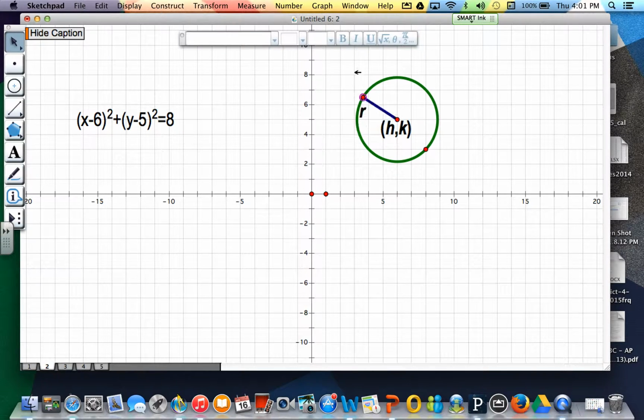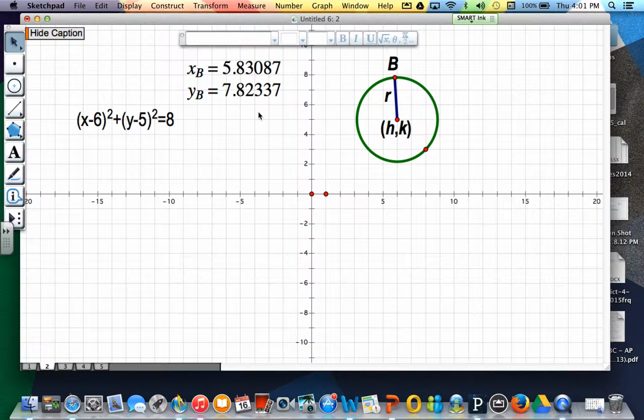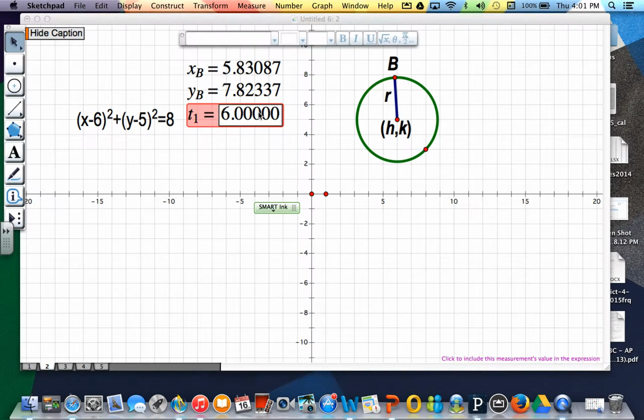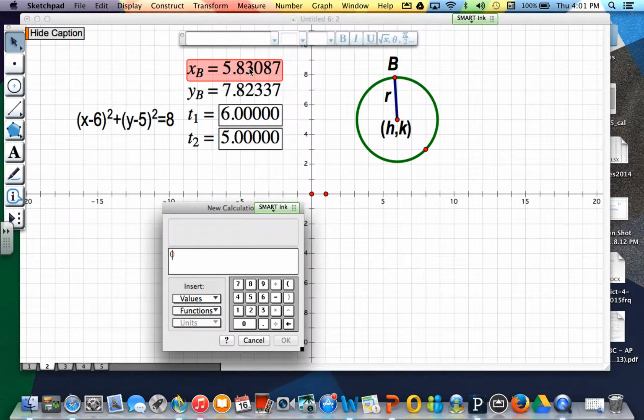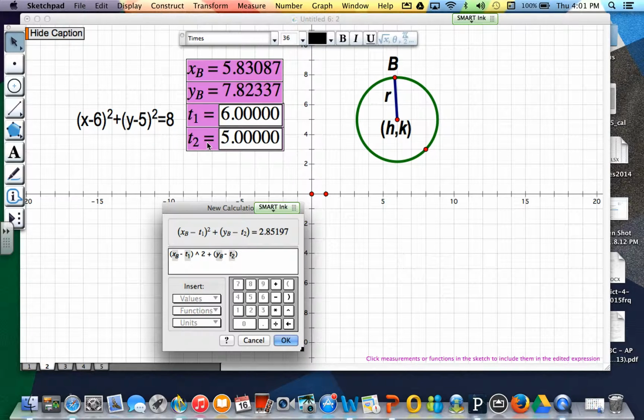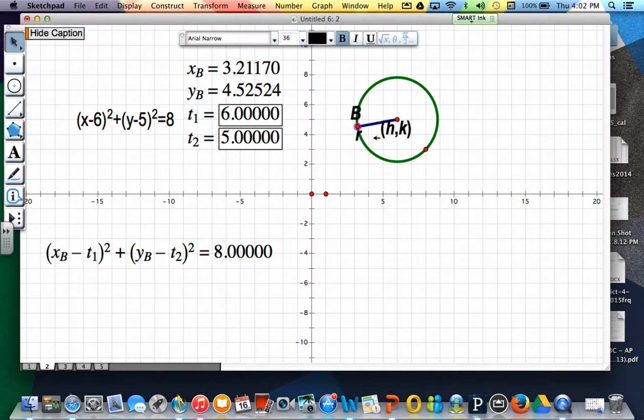Now, if we think about plugging any of these points, if I measure the x-coordinate of that point, and I measure the y-coordinate of that point, and I take my parameters 6 and 5, any time that I take the quantity x minus this 6, and I square it, and I add y minus this center y-coordinate, and I square it, I'm going to get 8. Do you see that?